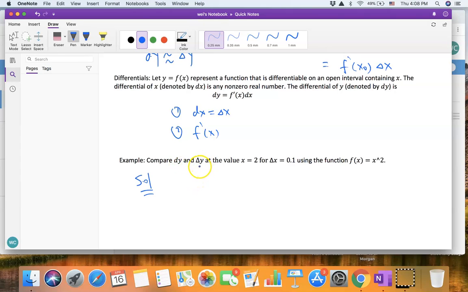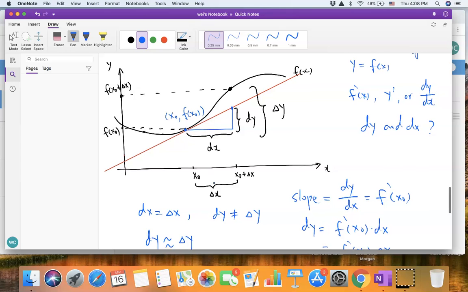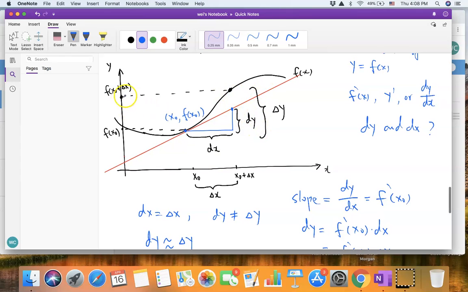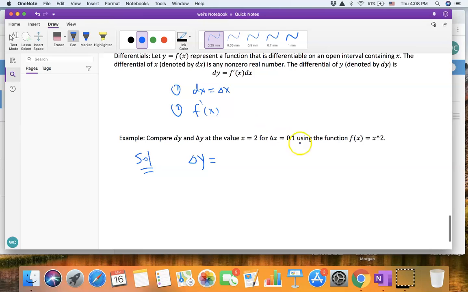To find delta y, because delta y is the actual difference between the function values f of x0 plus delta x and f of x0, we need to evaluate the function value at x0 and at x0 plus delta x, and then find their difference.